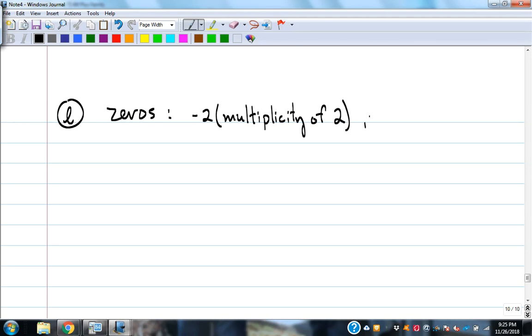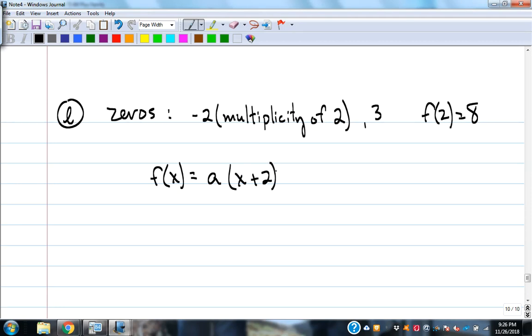Two and 3. Then f of 2 is equal to 8. Multiplicity of 2 means that -2 is a 0 how many times? Twice, right? So our function, we got a, and then we have, what's the factor that goes with -2?